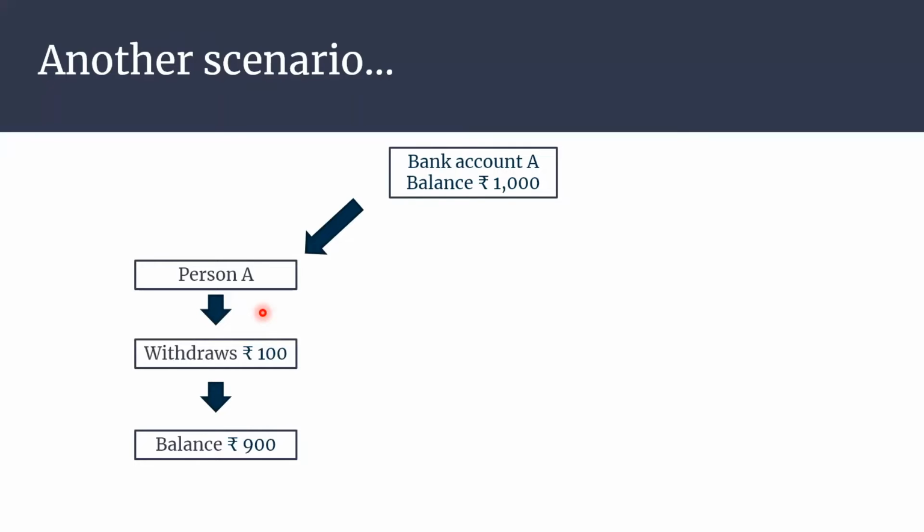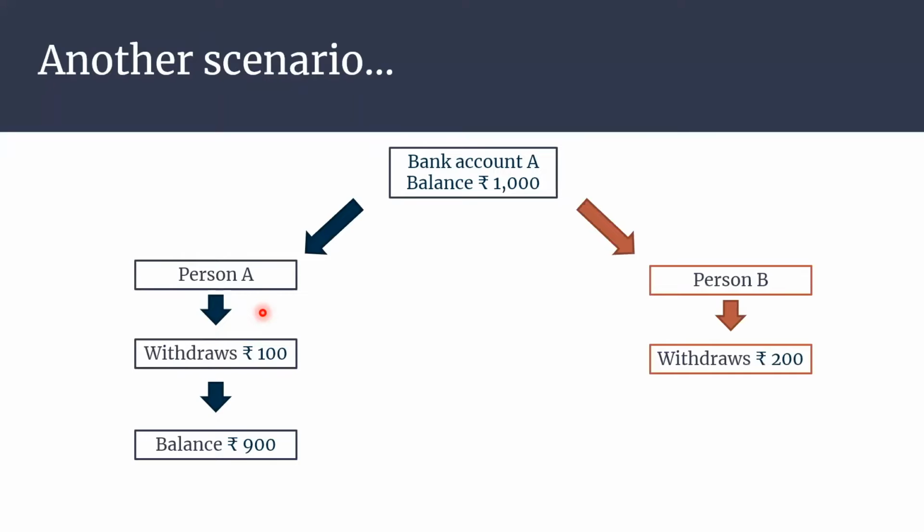And at the same time, person B withdraws 200 rupees from the account, and person B sees the balance get updated to 800 rupees, which for him is also correct because he withdrew 200 rupees from 1,000.